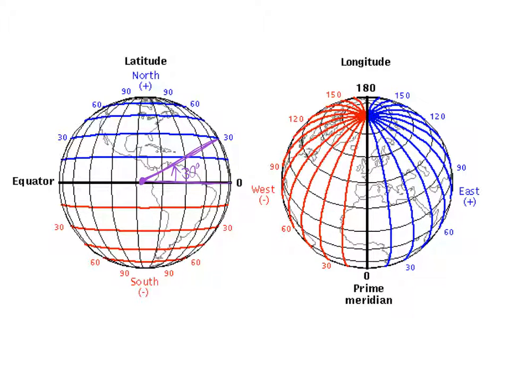So this is 30 degrees north latitude. Notice how it's kind of like our standard position. If I measure down 60 degrees, that's 60 degrees south latitude.